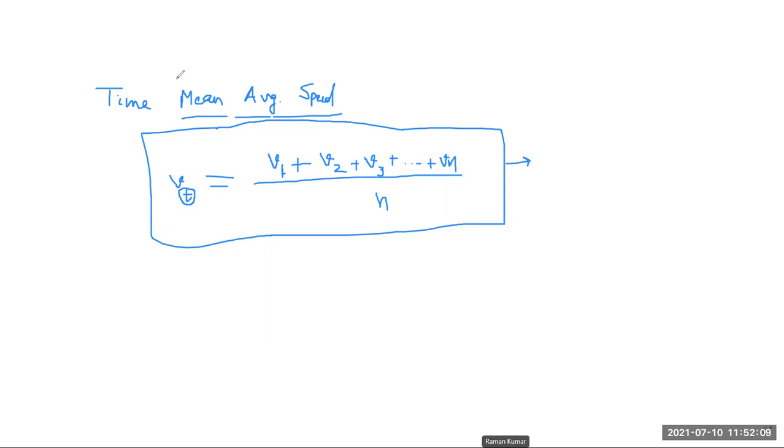When I discussed space mean average speed, I clearly said the formula gets modified to n divided by 1 by v1 plus 1 by v2 plus 1 by v3 up to 1 by vn. That is the harmonic mean of spot speed, but time mean average speed is the arithmetic mean of spot speed.